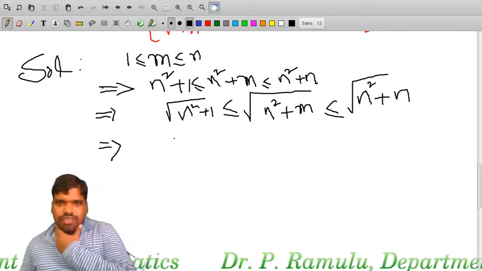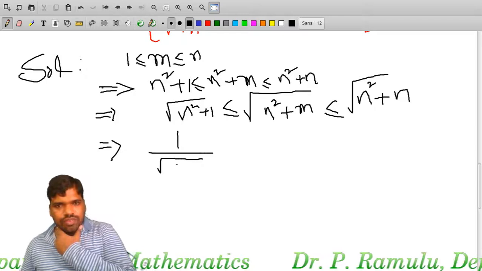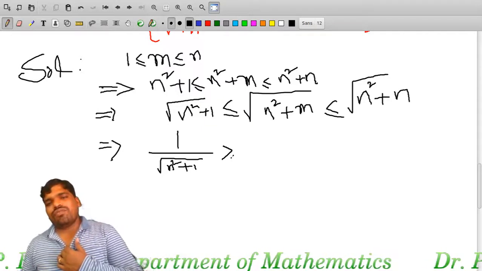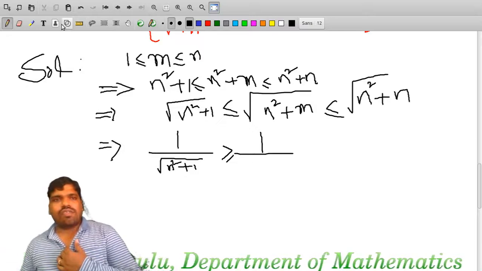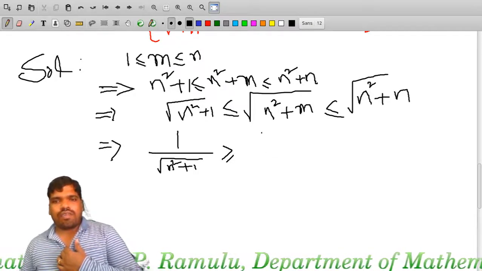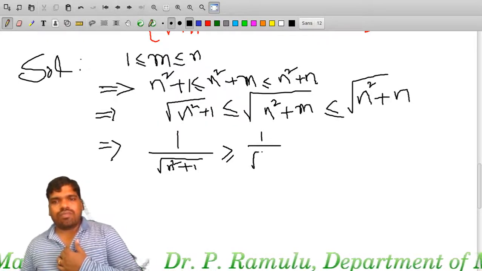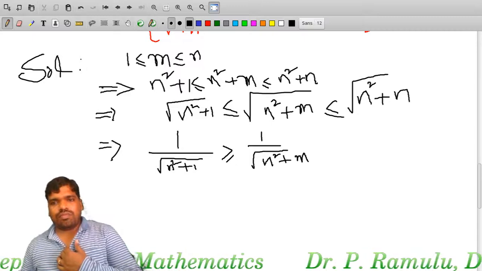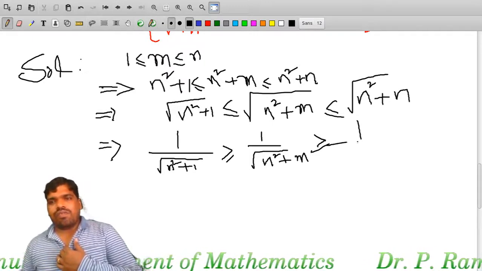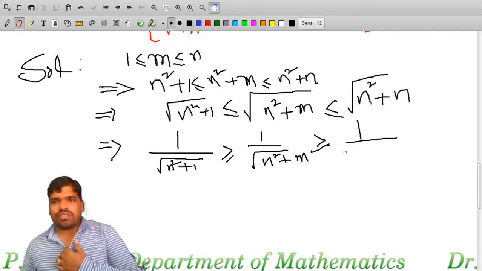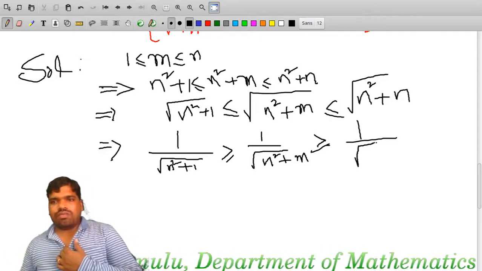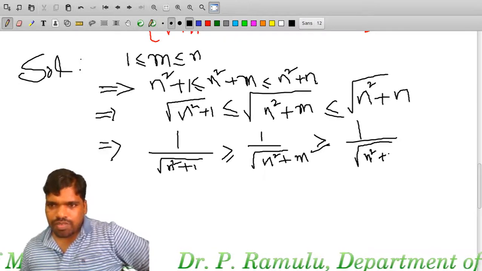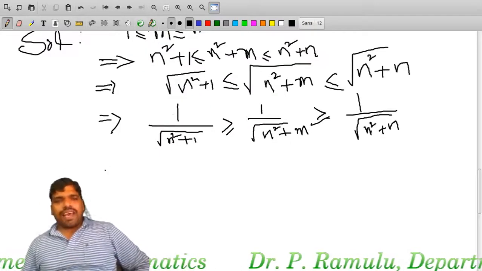So that means 1 by root of n square plus 1, if you reciprocate, the sign will change, 1 by root of n square plus m is greater than or equal to 1 by root of n square plus n.